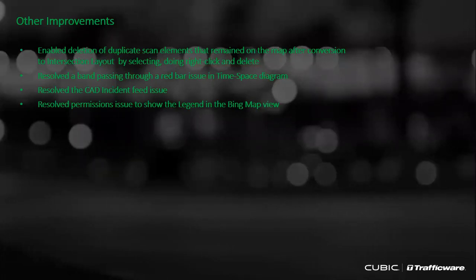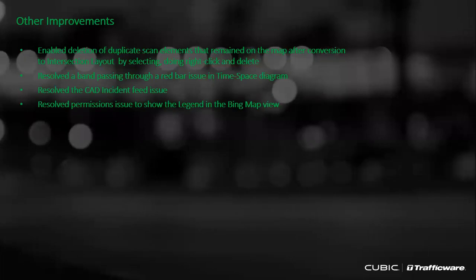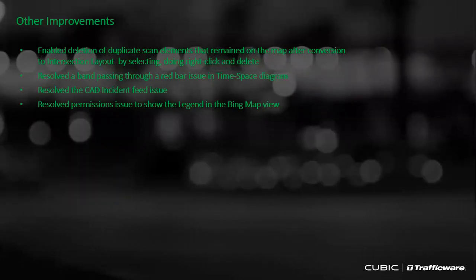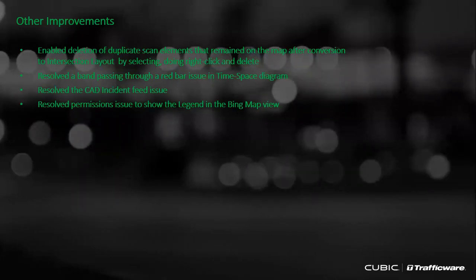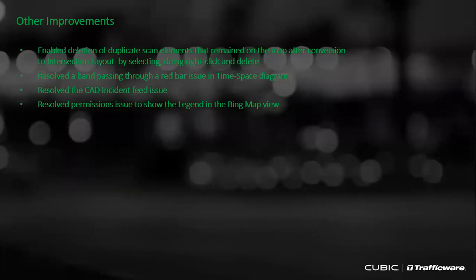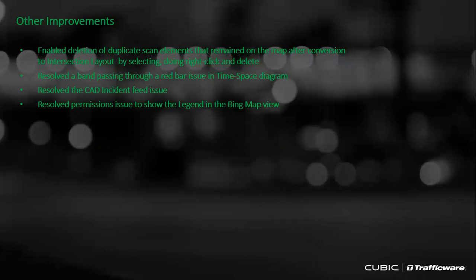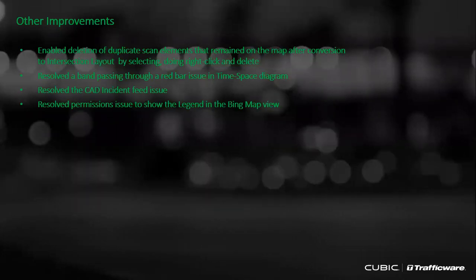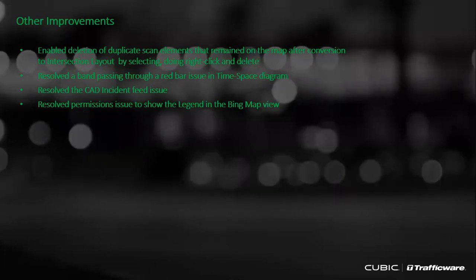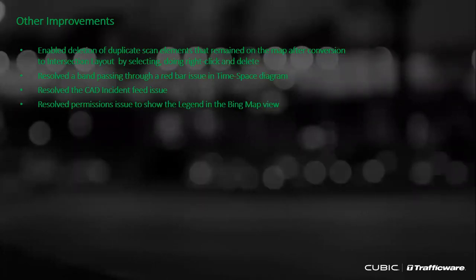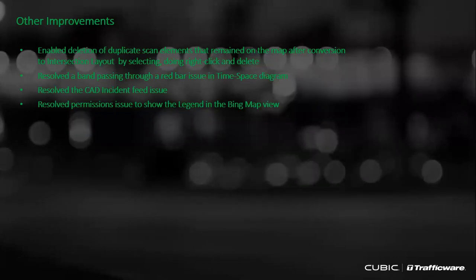Now that is corrected. So if a specific icon is a duplicate and it's not added in the intersection layout, you will be able to delete it. If the scan element, let's say an arrow or a pedestrian crossing, is not a duplicate and it exists in the intersection layout, you will not be able to delete it from the map, but you will be able to modify and delete it from the intersection layout screen.